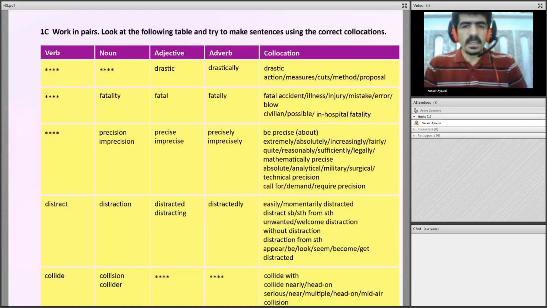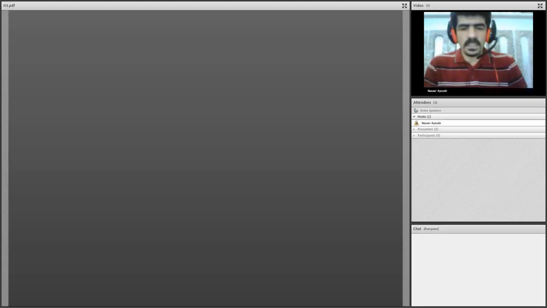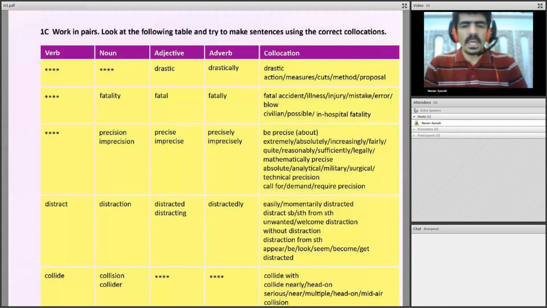Civilian fatality, possible fatality, in-hospital fatality. Fatal blow, something to end.